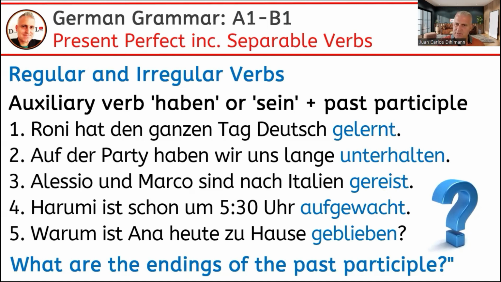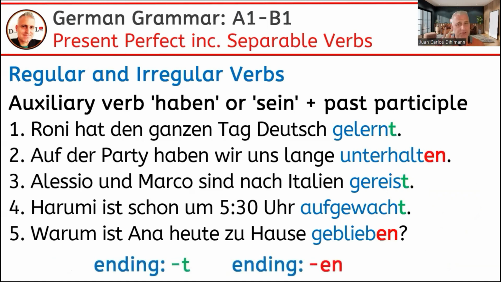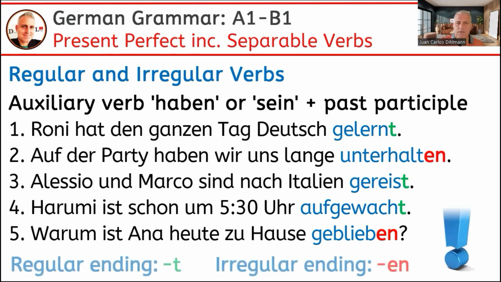Do you see the difference? We have 2 different endings. We have the t, like in gelernt, and we have the n, just like in unterhalten. And you will be learning now that the regular ending is the t, and the irregular ending is the n.